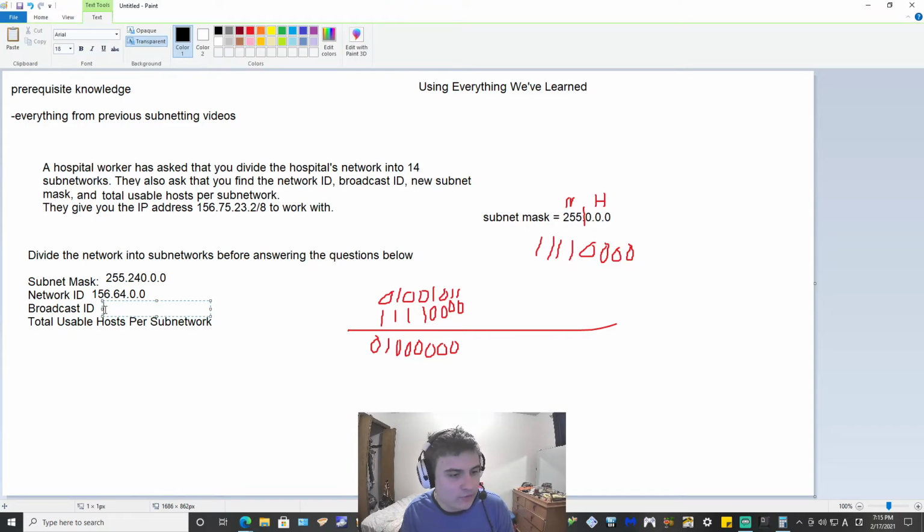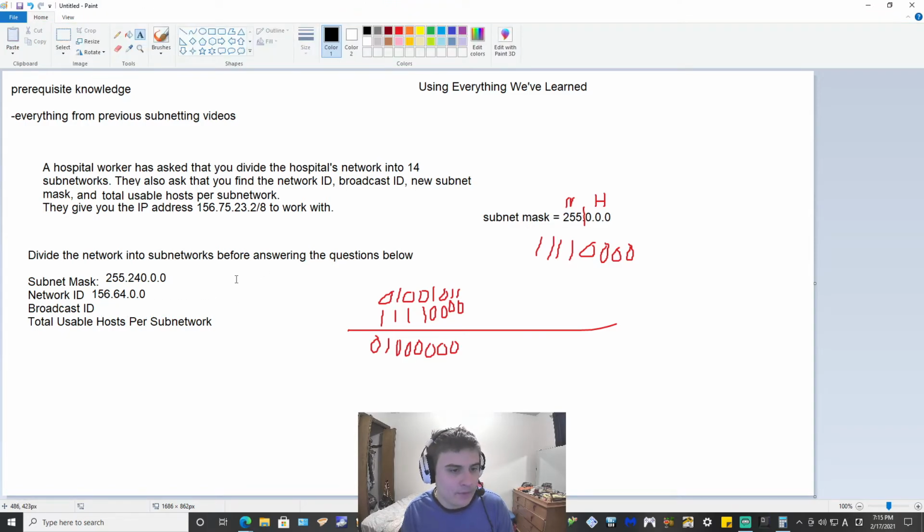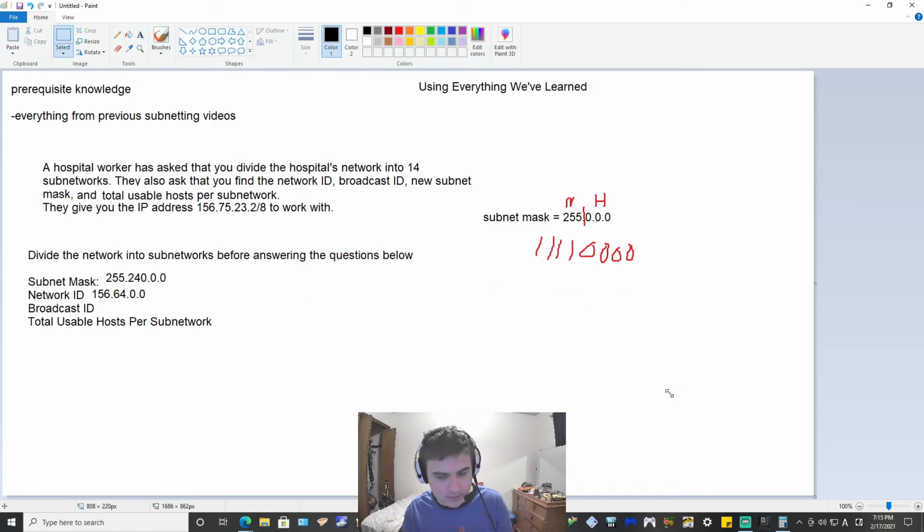Now we have our host ID, or sorry, our broadcast ID. So once you have your network ID, now if we go back to the subnet mask, I'm going to get rid of this down here. If we look at the bits of our second octet in the subnet mask, what you'll notice is that we have 4 network bits and 4 host bits.